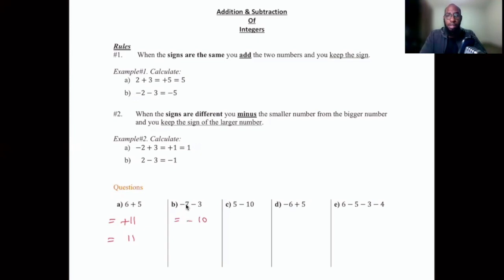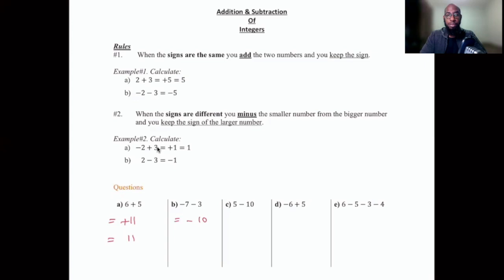All right. Let's take a look at rule number 2. When the signs are different, you minus the smaller number from the bigger number and you keep the sign of the larger number. All right. So if we look at example 2, part A, we see negative 2 plus 3. Are the signs different? Yes, the signs are different because in front of 2, we have a negative sign.